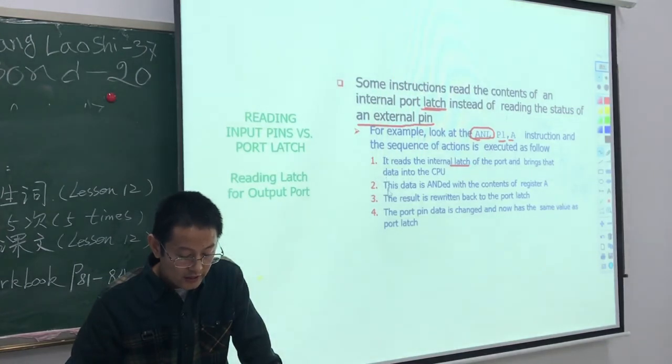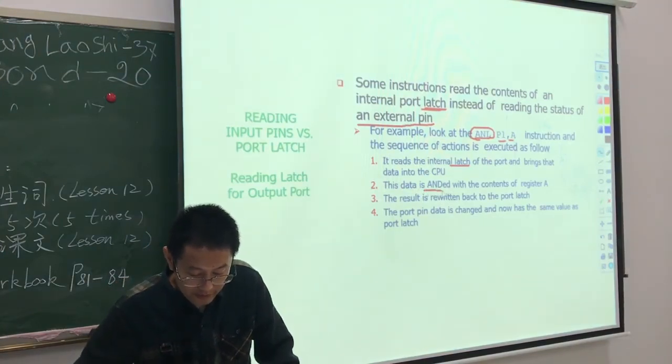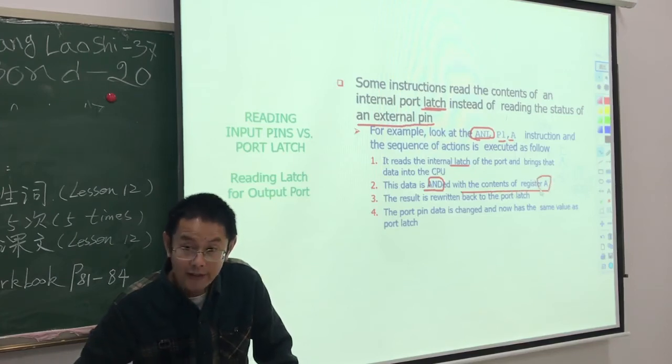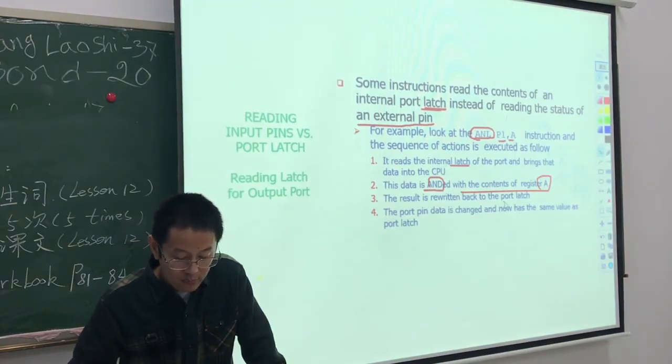Second, this data is ANDed with the content of register A. Thirdly, the result is rewritten back to the port latch. The port pin data is changed and now has the same value as the port latch. This is only one instruction.